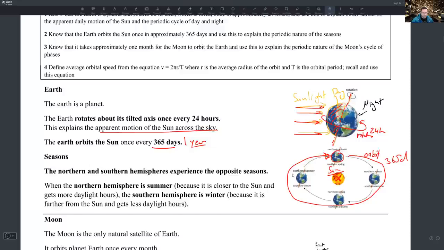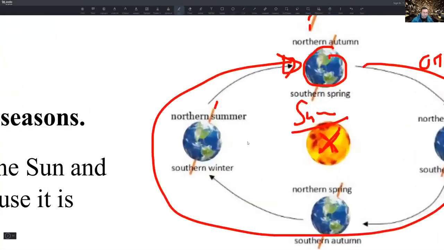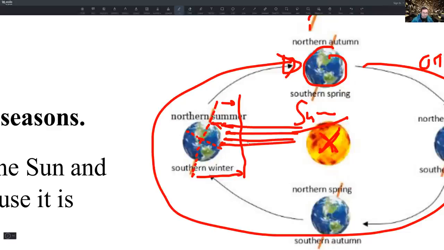Now, because of the tilt and the orbit, you get different seasons. For example, right now, the Earth's north is tilted closer to the sun than the south. This means the distance between the north pole and the sun is closer than between the south pole and the sun. So the northern hemisphere, the upper half, gets more sunlight, whereas the south gets less sunlight.